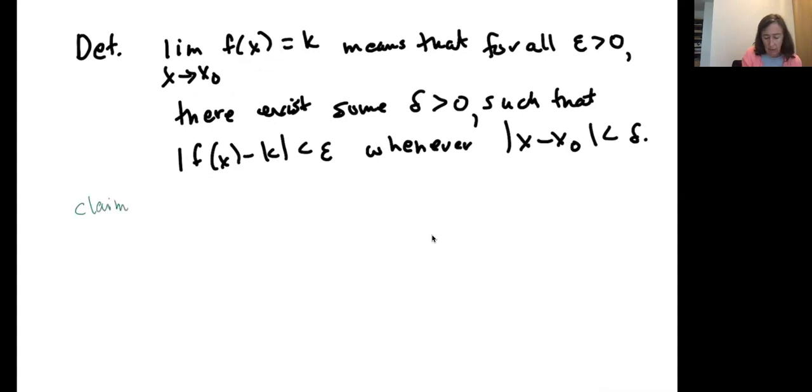The claim is going to be that k is the limit of f of x as x approaches x naught. And let's again think about what we really mean here.